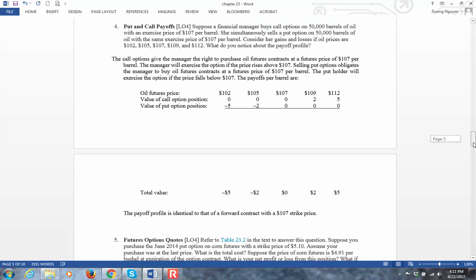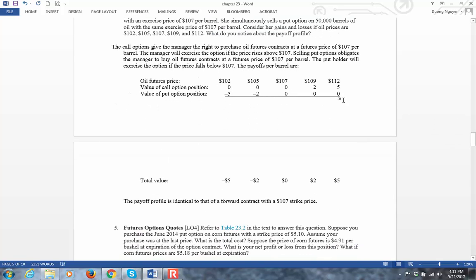Very similar for the put. When the price is 112, above the strike, nobody exercises the put, so the value is 0. For 109, same thing. For 107, same thing, because when the price is 107 and the strike is 107, it doesn't matter whether the investor exercises the put option or not.